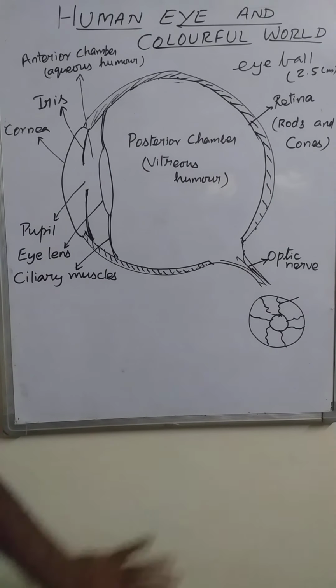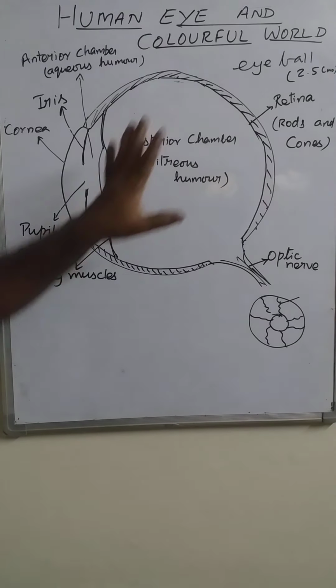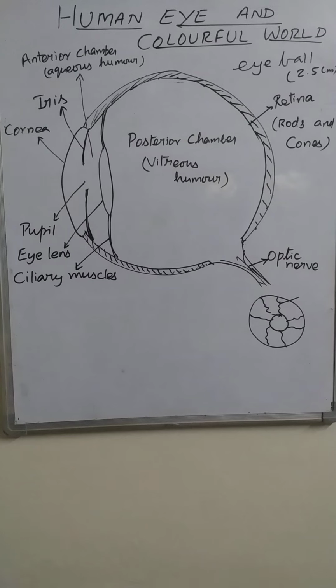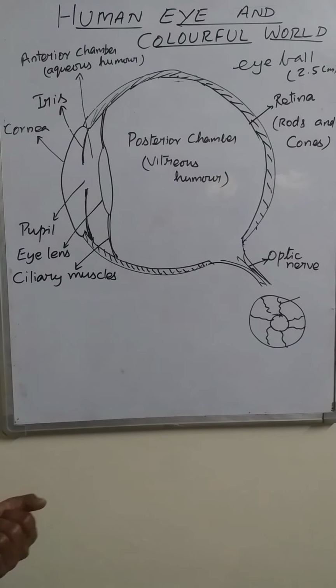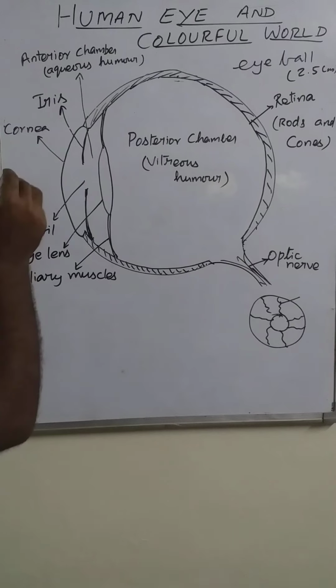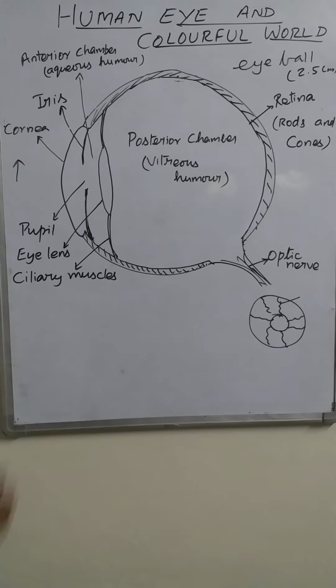These are some parts related to the human eye. Then how does this human eye work, how is it used to identify the object placed in front of us? Suppose any object is placed in front of the human eye. From this object, light rays are coming out.